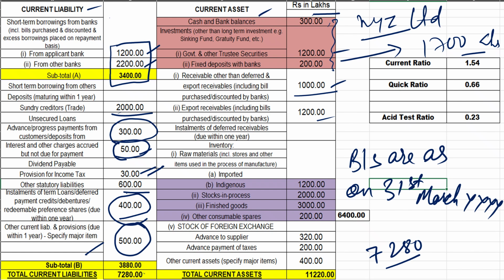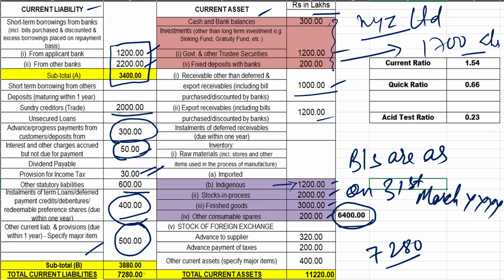Now raw material. Indigenous raw material means raw material purchased from within the country only. That is 12 crore. Stock in process is 20 crore. Finished goods is 30 crore. Consumables is 2 crore. The total is 64 crore.